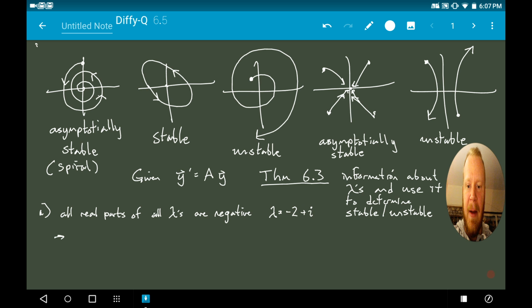The imaginary part's positive, but the eigenvalue has a negative real part. This would turn into something like e to the -2t in the solution. As t goes to infinity, this piece is going to keep shrinking. That's how we get this shrinking behavior. So if all the real parts of the eigenvalues are negative, that means we are looking at an asymptotically stable equilibrium point.